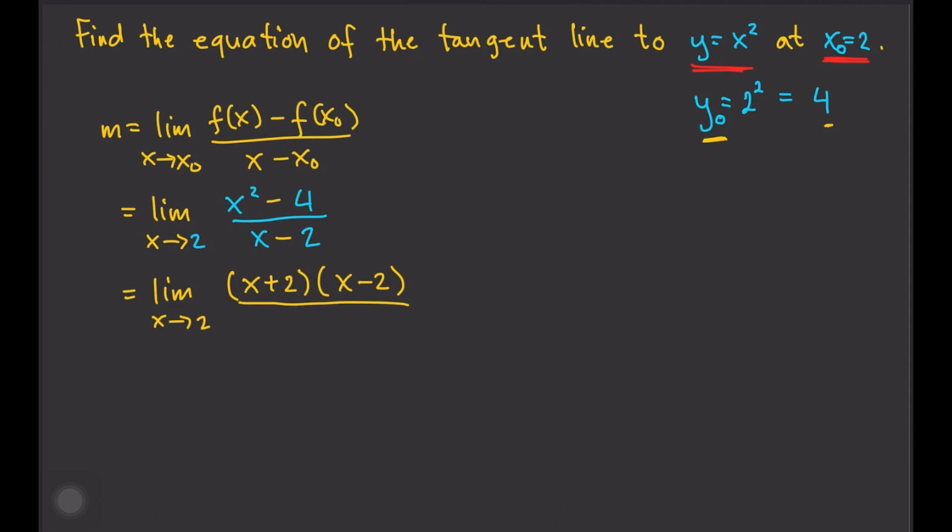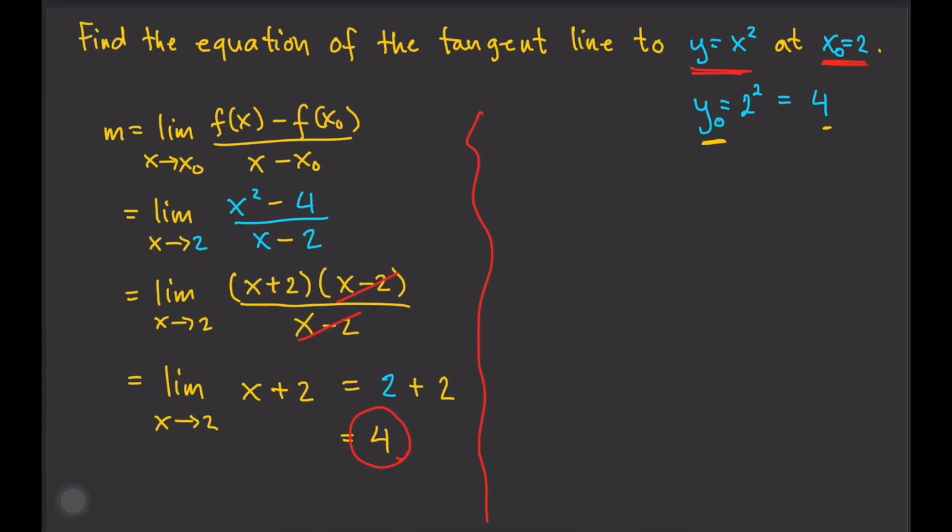Then it's divided by x minus 2, which we can cancel out, and that will give us the limit as x approaches 2 of x plus 2. By direct substitution we can just plug that in. So 2 plus 2 will give us 4. So the slope therefore is 4.